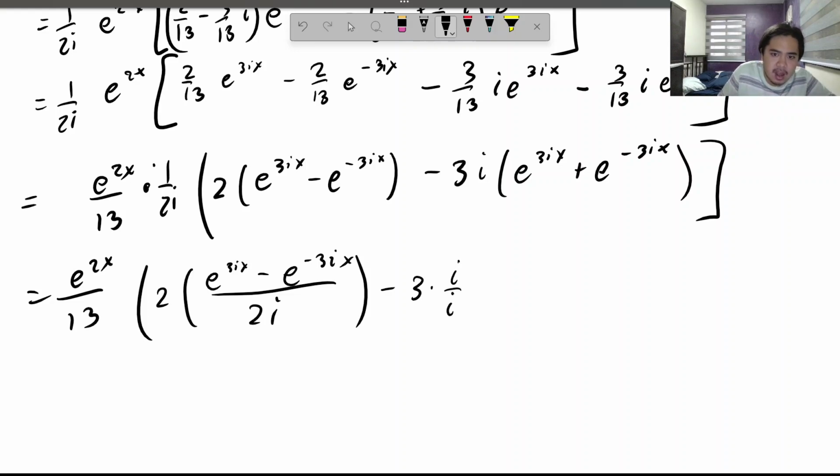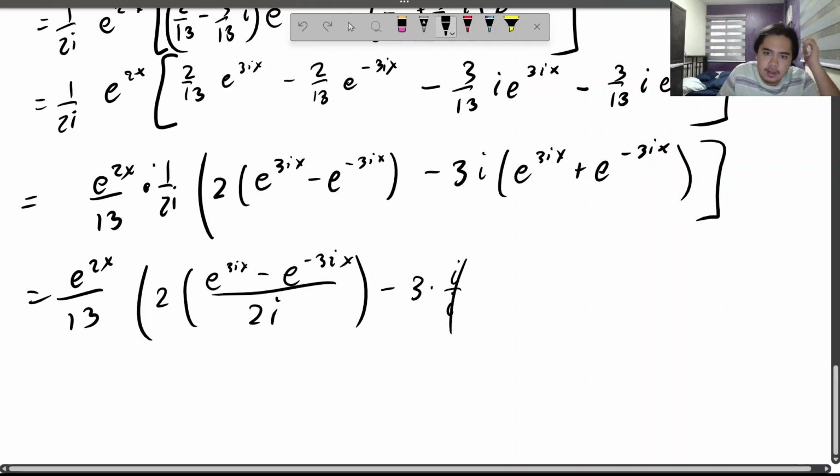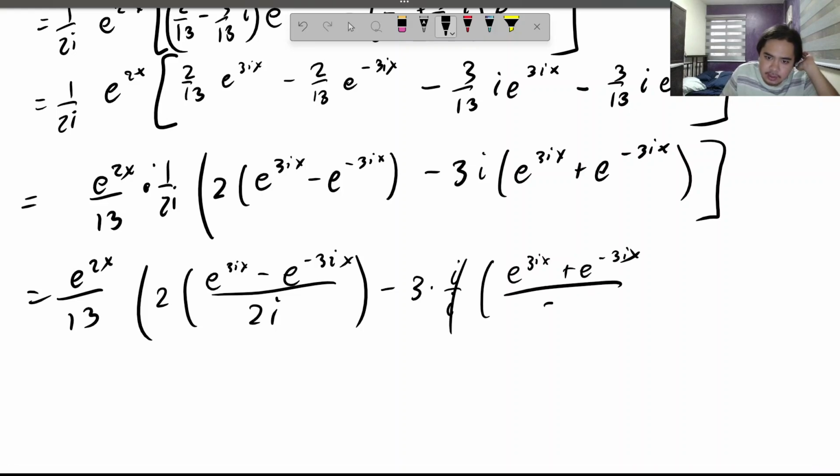Since there's i on the denominator and the numerator, they can cancel each other out. And then (e to the 3ix plus e to the negative 3ix) over 2.